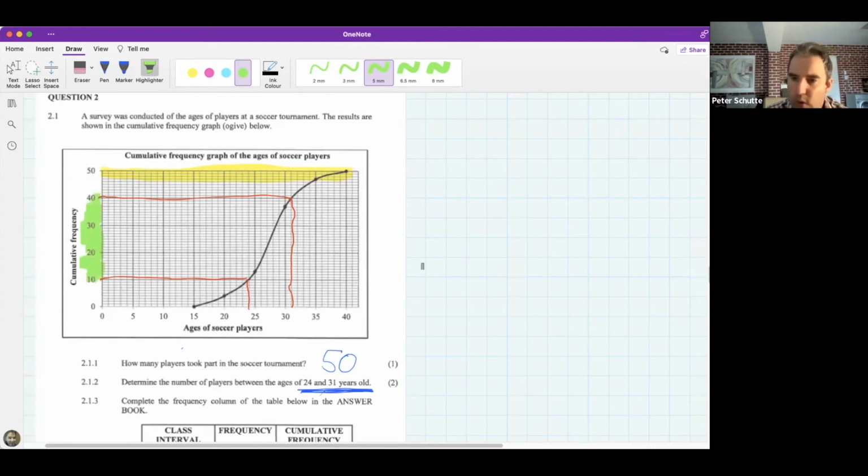And so what is the final answer going to be? So 24 goes with 10, you're right. So basically there's 10 players that are younger than or equal to 24, 40 who are younger than or equal to 31. What's the final answer going to be?